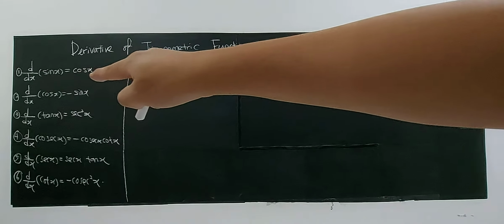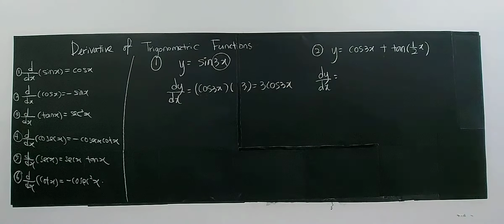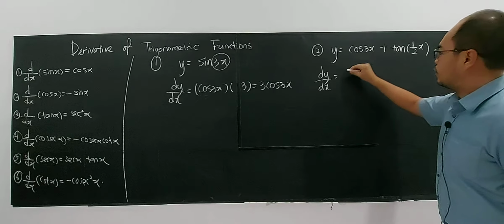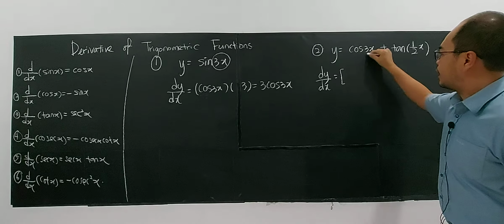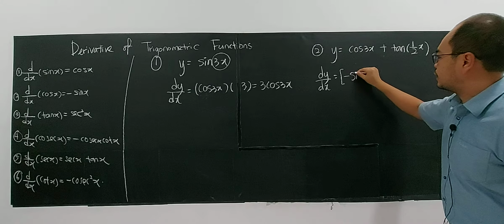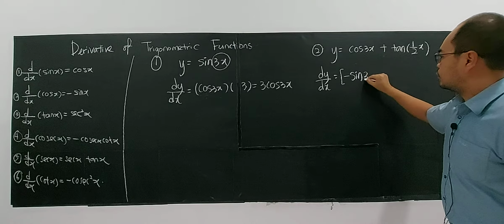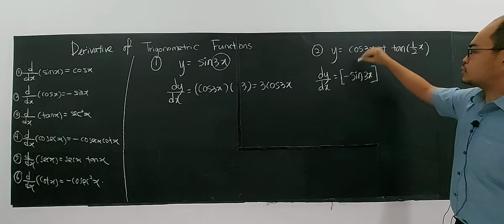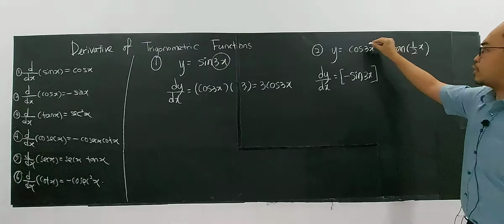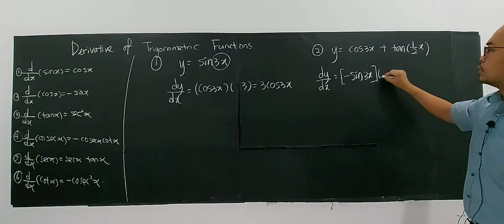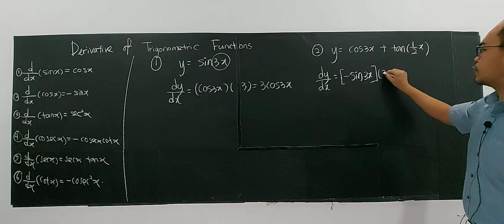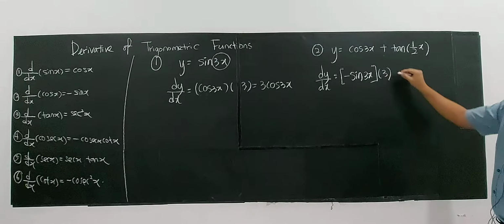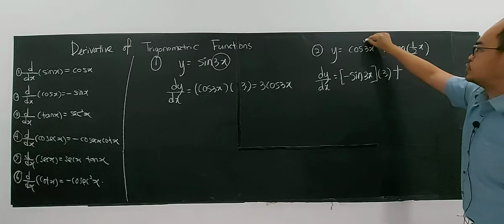Differentiate cos, you get negative sine. You still write back the 3x, as 3x is the angle, so you get negative sine 3x. But because this is 3x, you have to differentiate the 3x, and you get 3. Then you are done differentiating this.